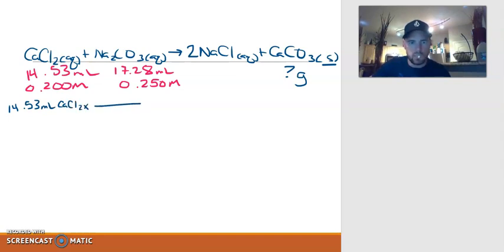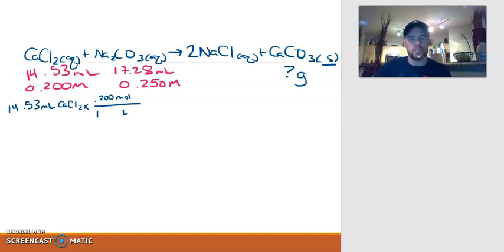And then over here I'm going to use my molarity. So 1 liter, and I'm writing it like this on purpose, 1 liter of solution will contain 0.200 moles of the calcium chloride. Now, liters is not going to cancel out milliliters, right?